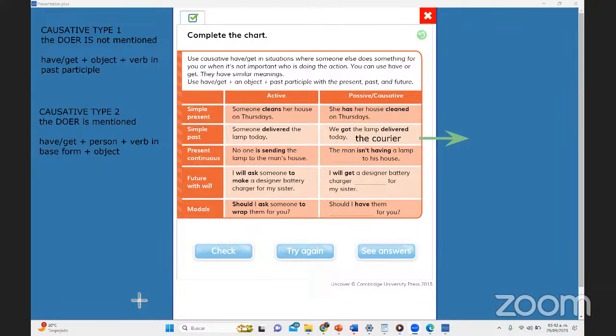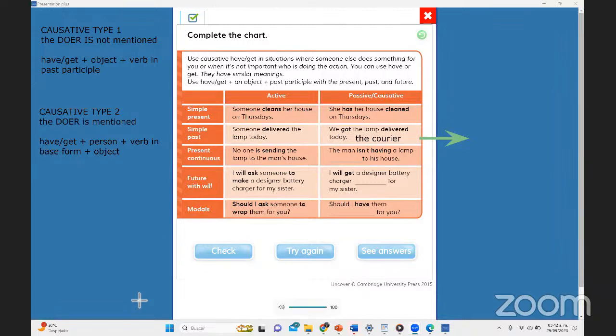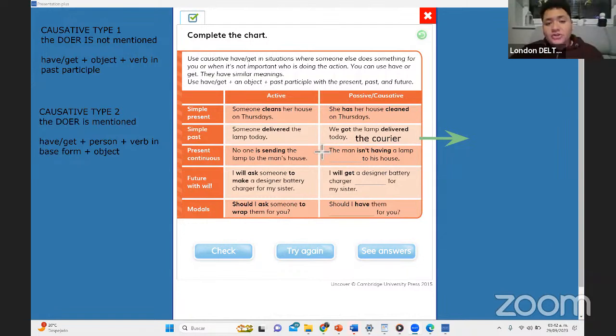Is it the type 2 verb, teacher? Sorry. Is the causative type 2, ¿verdad? The example we can do? Yeah, now you need to write this one, the same example, this sentence, but you have to make it with causative type 2.